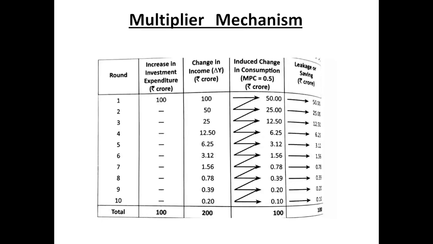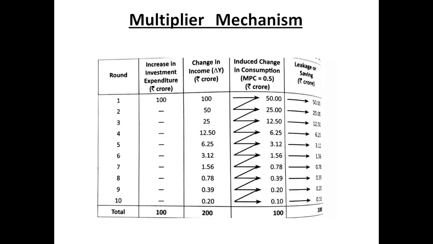Now, in the economy, one person's expenditure becomes the income of the other. In the second round, you can see 50 crore becomes income. 50% of the 50 crore rupees is consumed, means 25 crore consumed in the second round. 25 crore is saved.